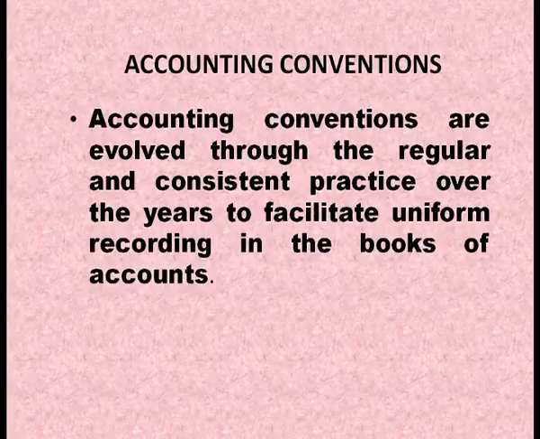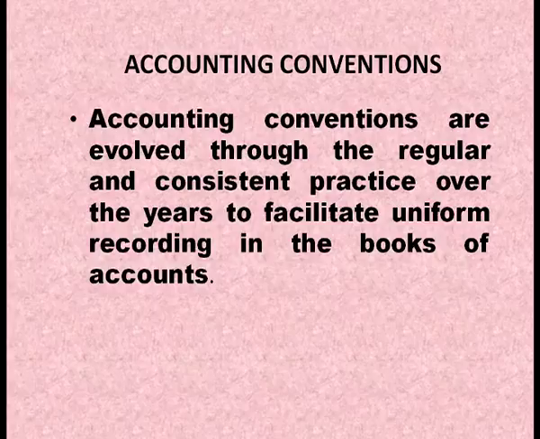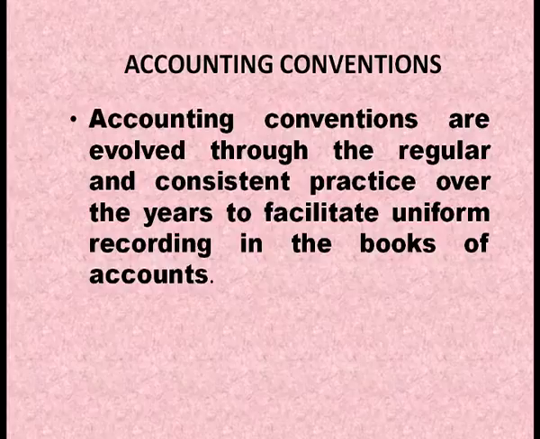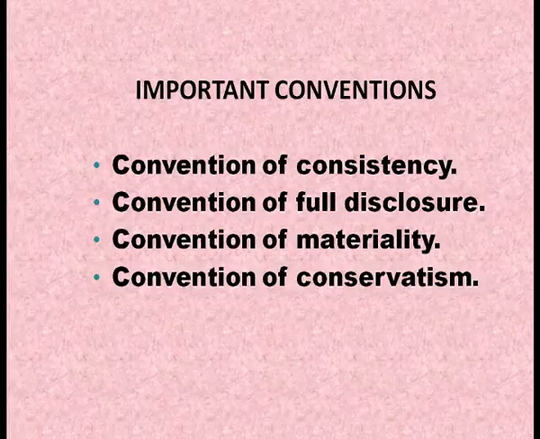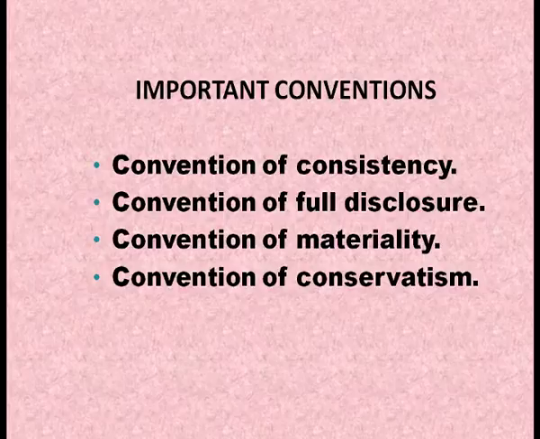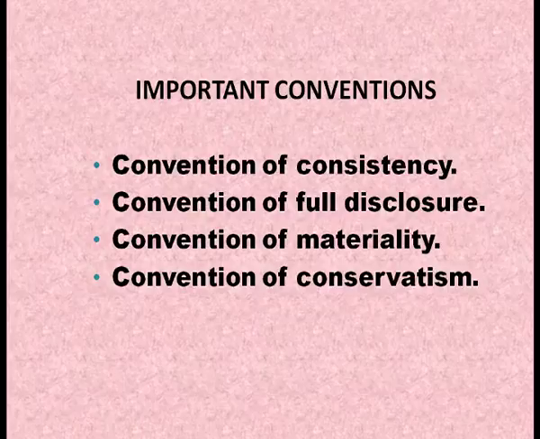They are evolved through regular practice over many years, that is continuous practice of the same method over many years, to facilitate uniform recording in the books of accounts. Important conventions are convention of consistency, convention of full disclosure, convention of materiality and convention of conservatism.